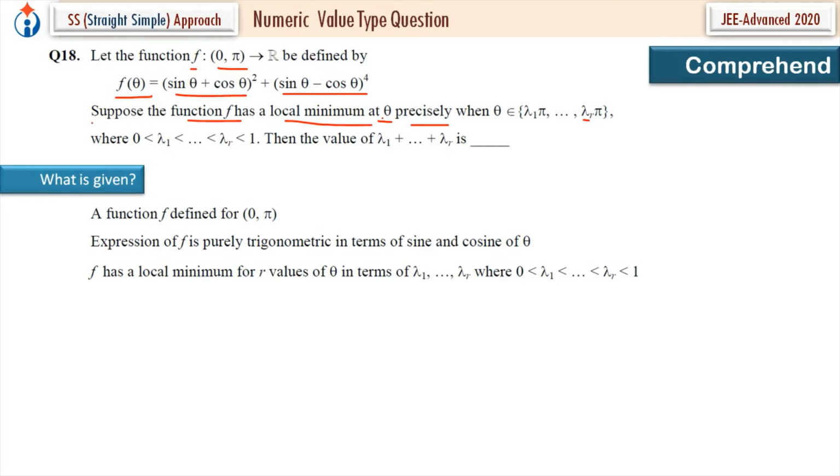So f has a local minimum for r values of theta, and the lambdas all lie between 0 and 1. What is asked? The value of lambda 1 plus lambda 2 up to lambda r.